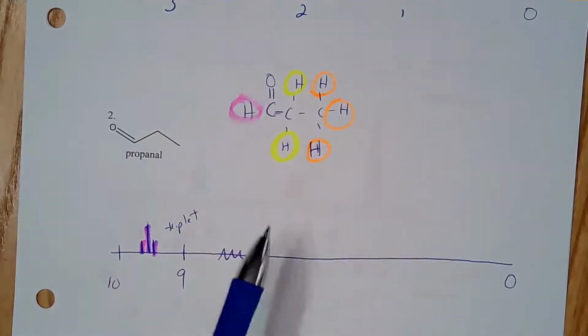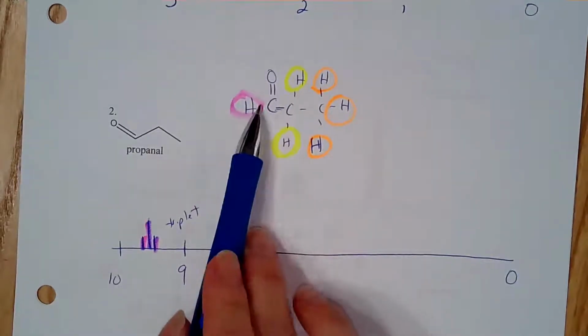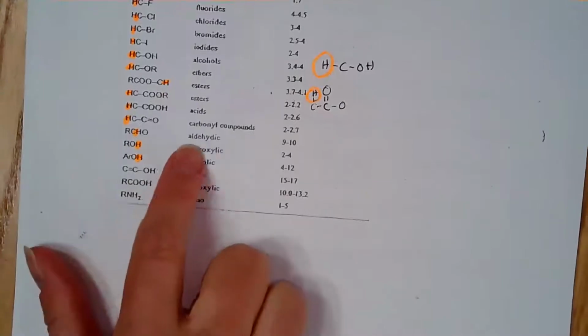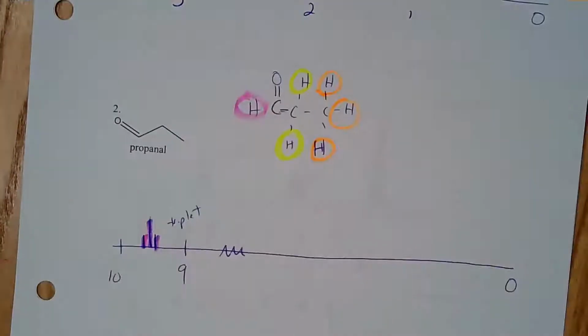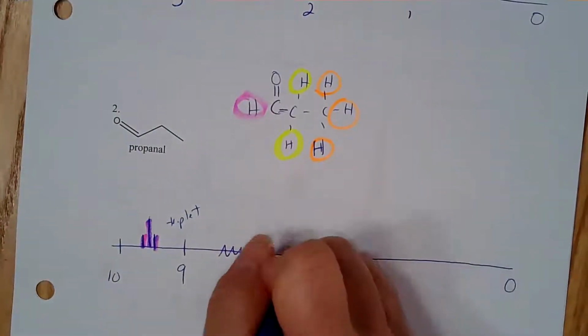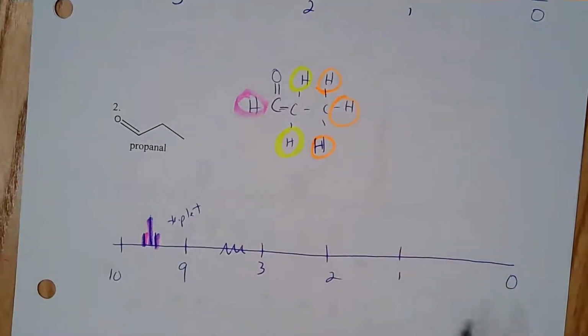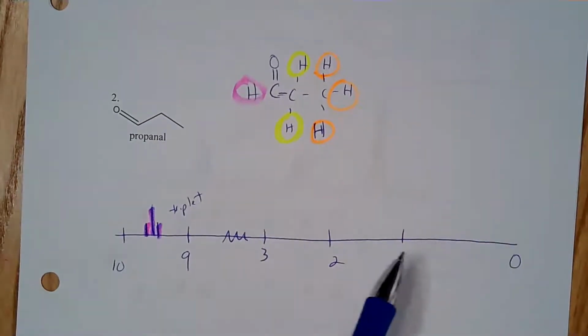Then I have hydrogens next to C double bond O, so that's going to be 2 to 2.7, and then I have my traditional CH3. So really, I could go 3 here, 2, 1, and 0. I didn't draw that all that great, but that's the only section I really need to complete.